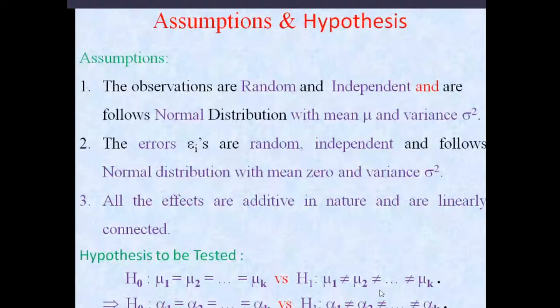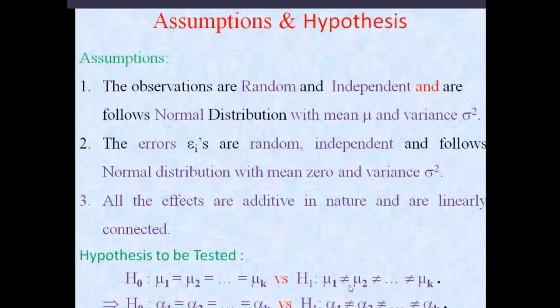But what you are going to test is nothing but the effect of the treatments. So all are equal, maybe 0 or fixed. In most of the cases you consider the alphas to be zeros, so automatically the values will be the same.